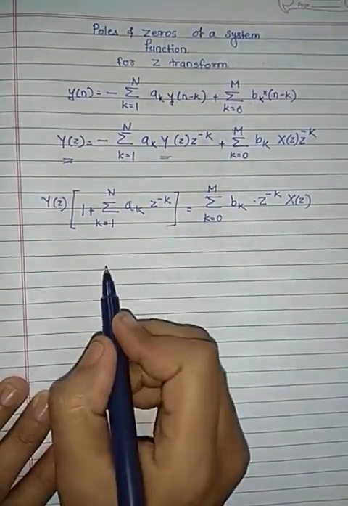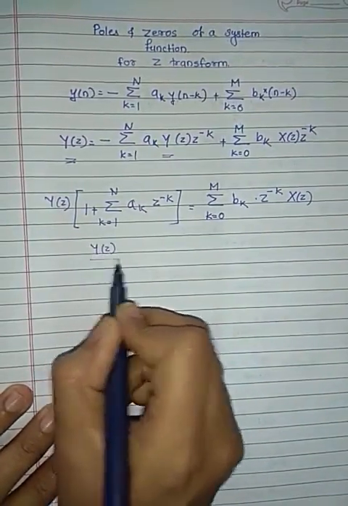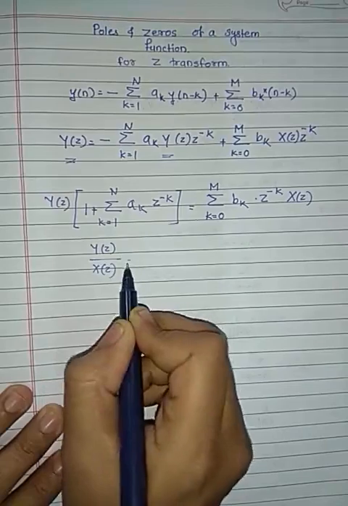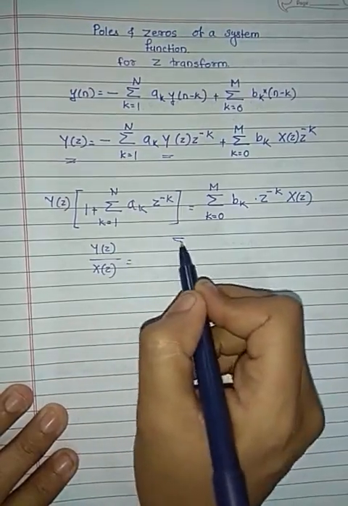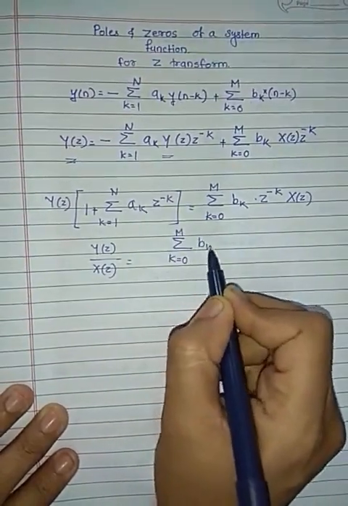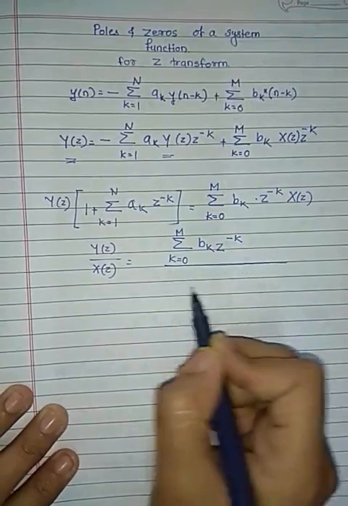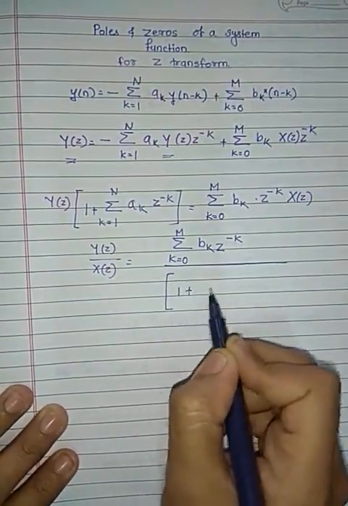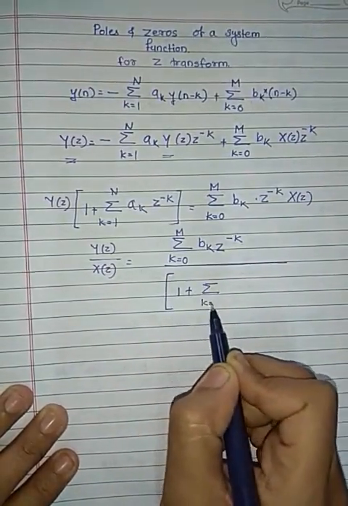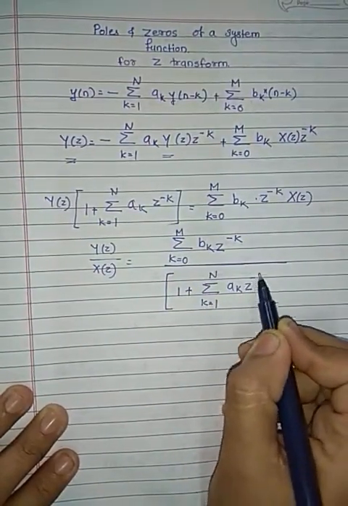Now again rearranging the terms, we have Y of z divided by X of z is equal to summation from k is equal to 0 to M b k z raised to minus k, the whole divided by 1 plus summation from k is equal to 1 to N a k z raised to minus k.